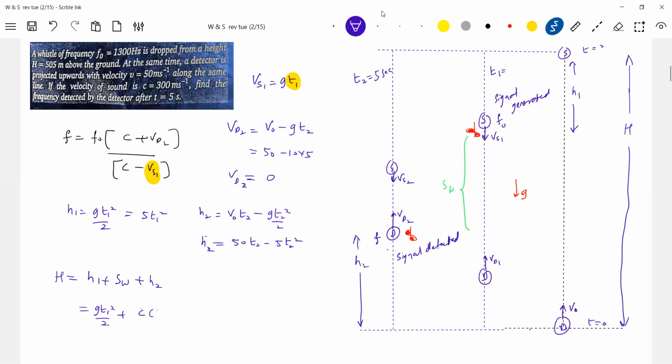So the speed of sound, this we know, 50 T2. I think we can calculate this value. Anybody? T2 is fine, no? 2,500, 125.